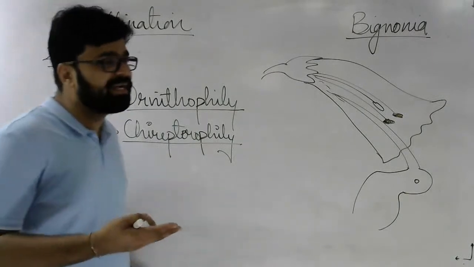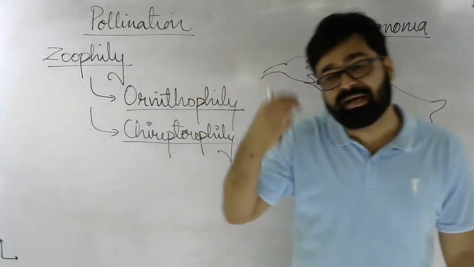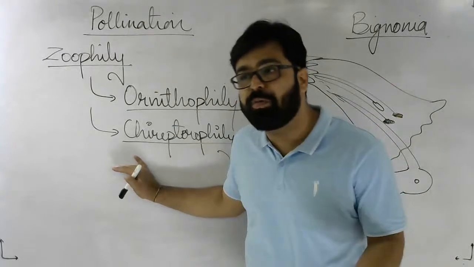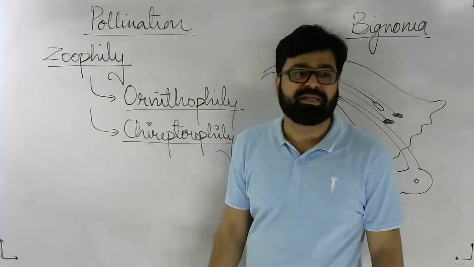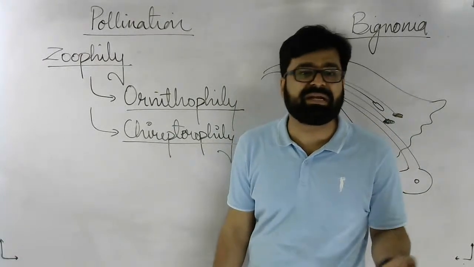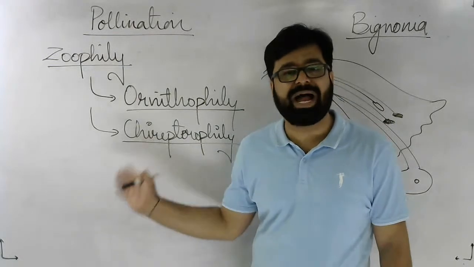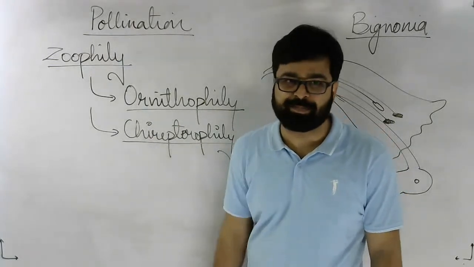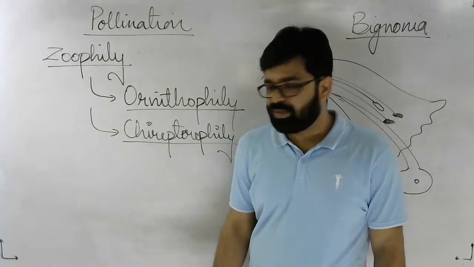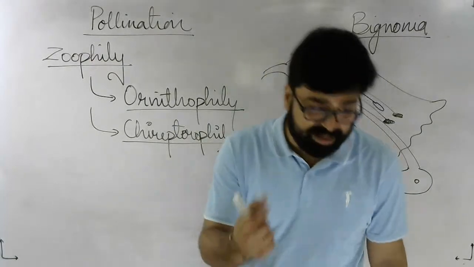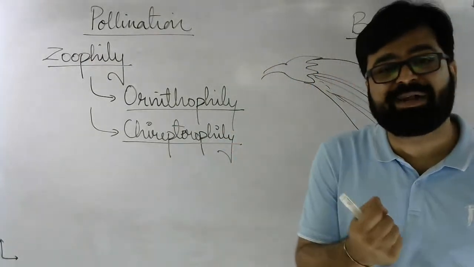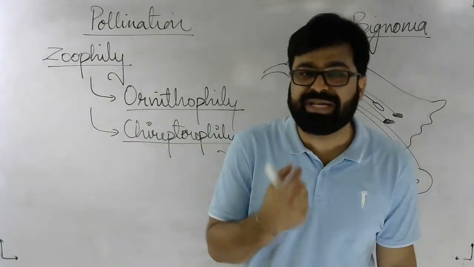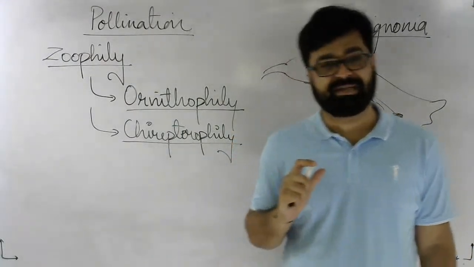Plus the second characteristic feature is that the flowers should bloom at night, or they should remain open during night, because bats are active during night only. They are nocturnal. So they should produce some kind of scent, either pleasant or unpleasant.